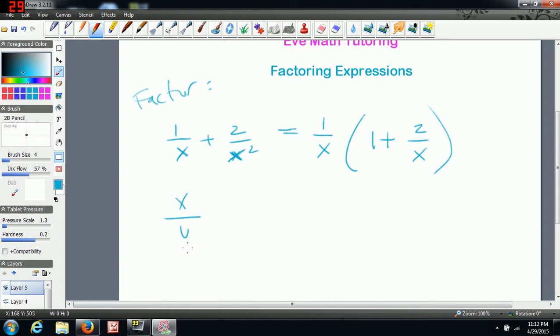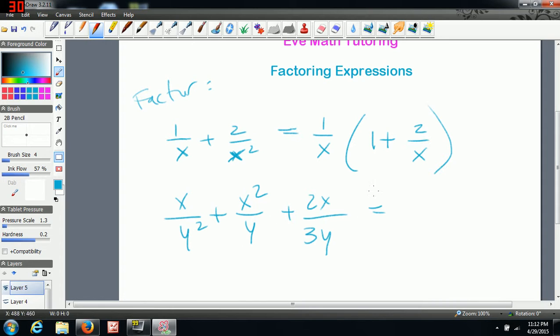So you have x over y squared plus x squared over y plus 2x over 3y.